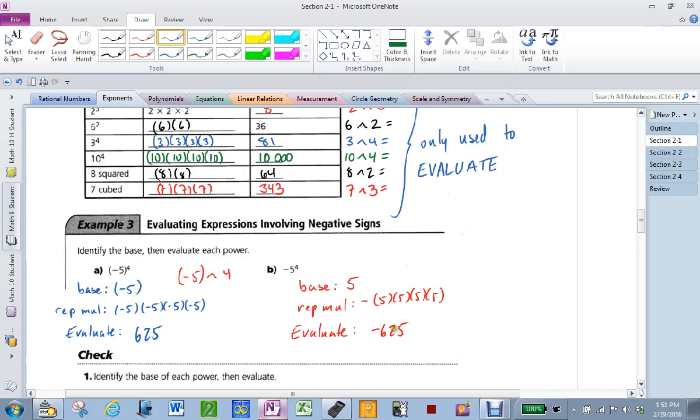Now over here with no brackets, where you just push your negative button, 5 exponent 4, you get negative 625. So that's what it does. Does everybody see the subtle difference? Yes, because that one means negative sign. Okay? The brackets are what changes it.